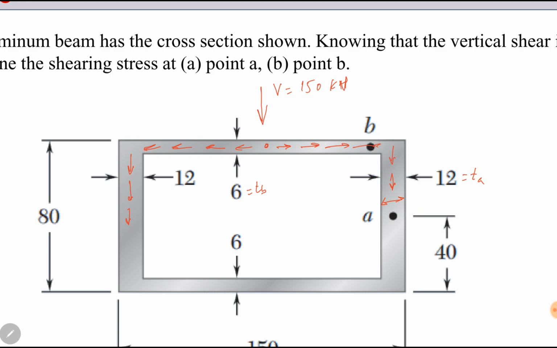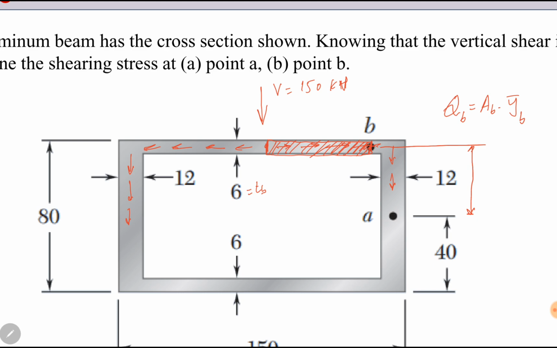When the shear flow starts from here, where it is 0, and it reaches point B, it covers only this area. So for point B, when we calculate capital Q, it will be this area into y dash, its distance from its centroid, which is y_B.